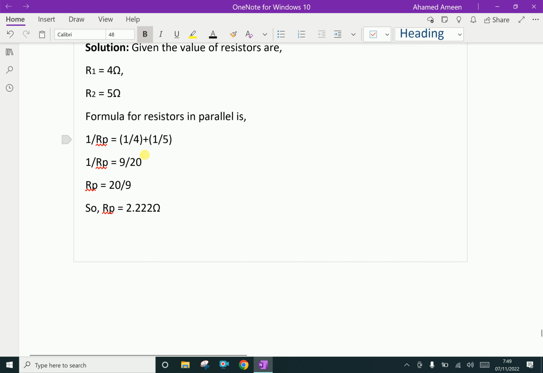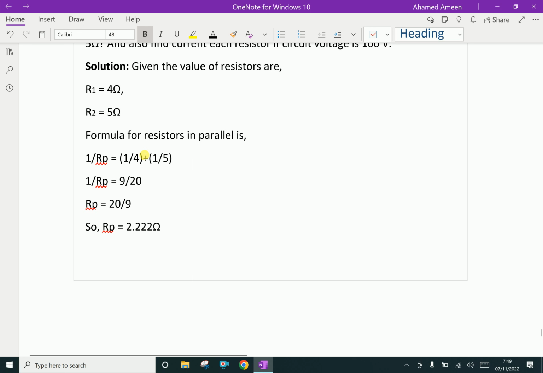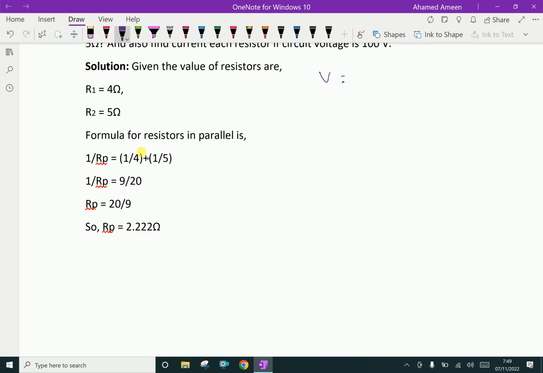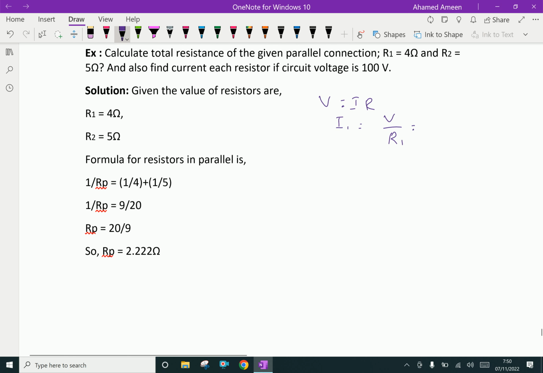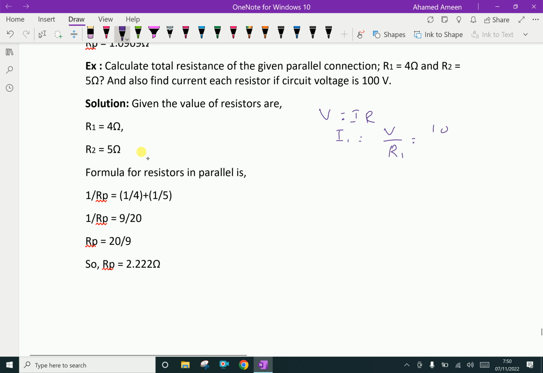Now here the current is distributed. Therefore V equals IR, which is Ohm's law. From that, I1 equals V over R1. V is here 100 volts, R1 is 4.